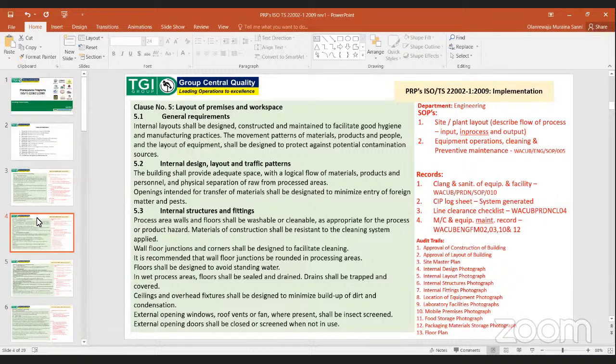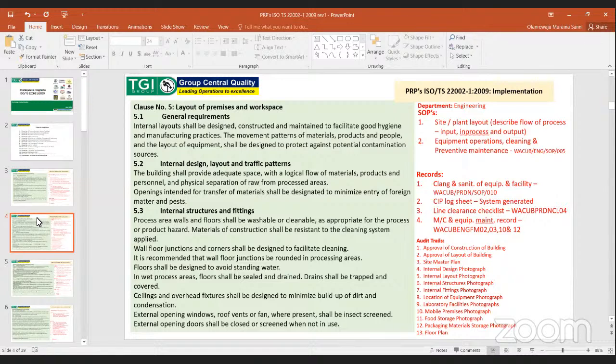For clause 5, if you look at 5.1, it says internal layout shall be designed, constructed, and maintained to facilitate good hygiene and manufacturing practice. The movement pattern of material, products, and people, and the layout of equipment shall be designed to protect against potential contamination sources.